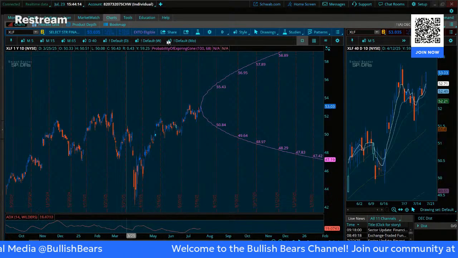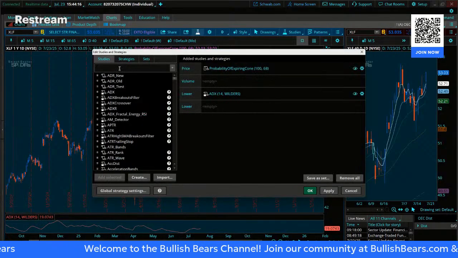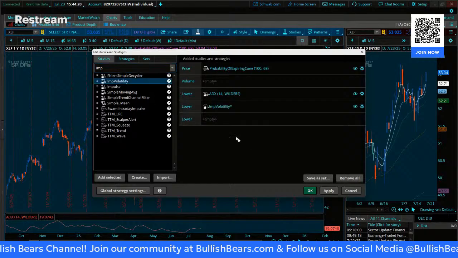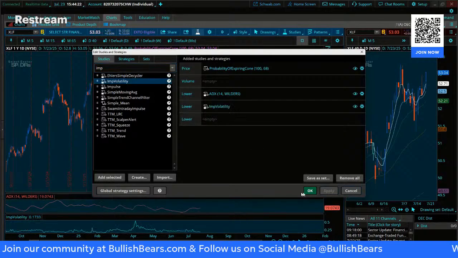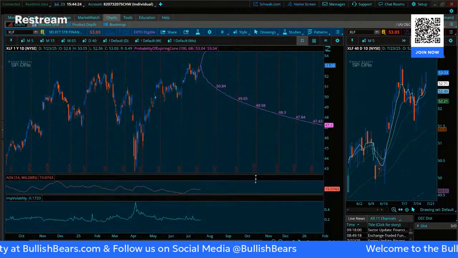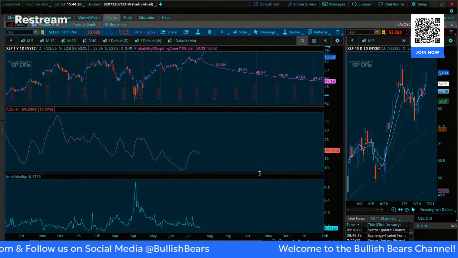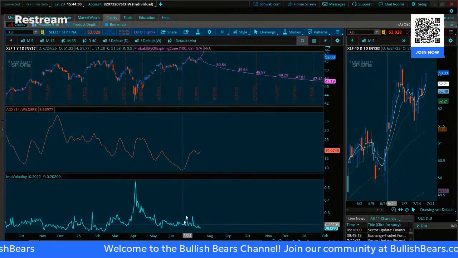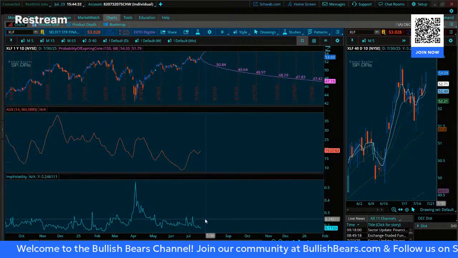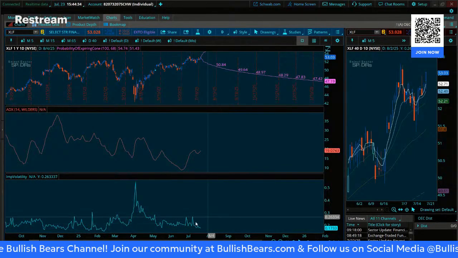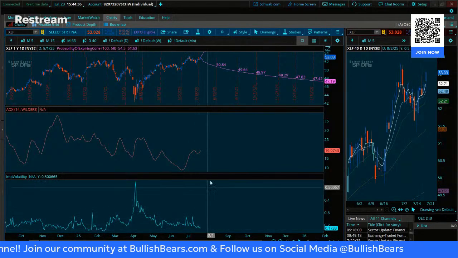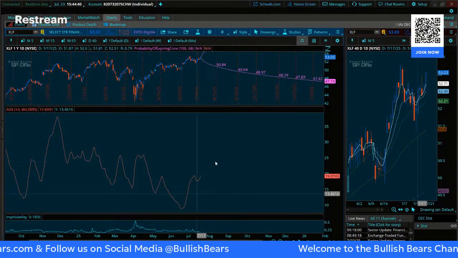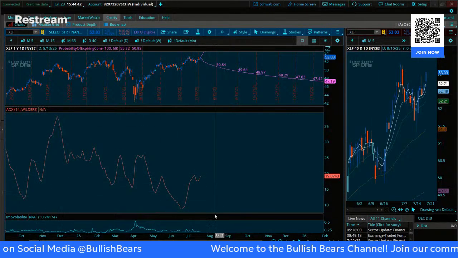You don't need the ADX, by the way. You could just turn on the implied volatility indicator and use that instead. We can see that the ADX was low, and volatility is low. Now the ADX is starting to climb, and implied vol is still low, because at the end of the day, the ADX shows momentum, but it is a volatility indicator as well.